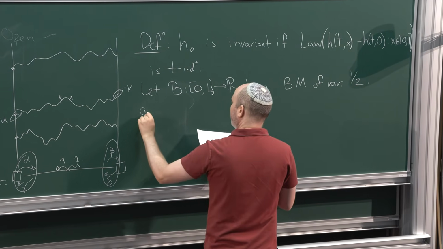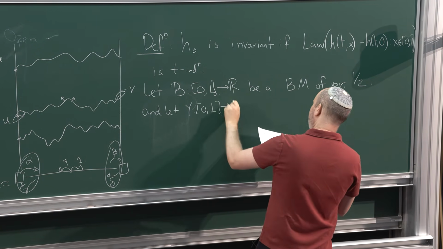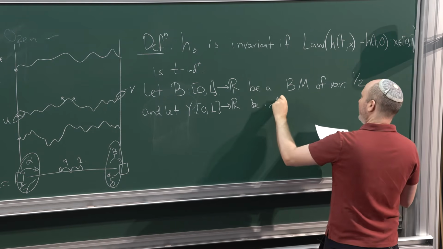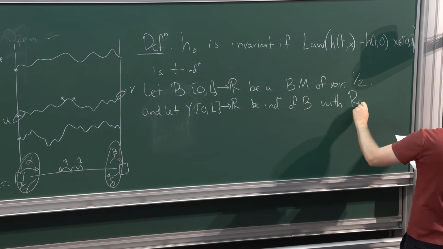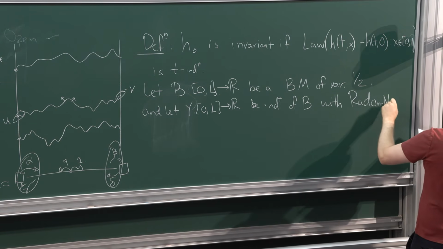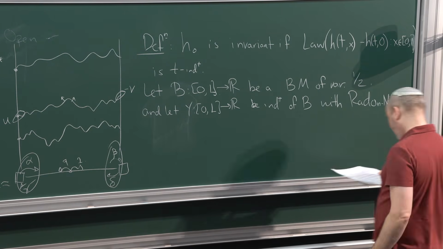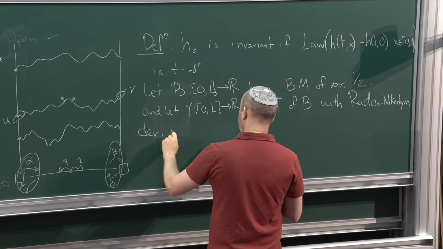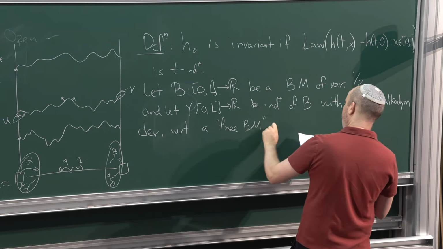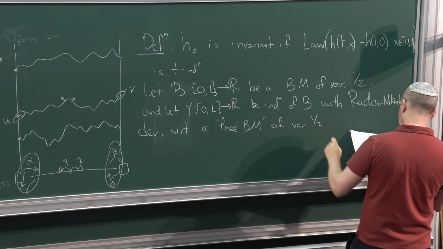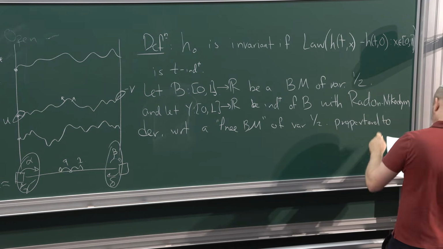So it's just some scaling of the diffusion coefficient. Okay, and let Y, also from 0 to L to R, be independent of that Brownian motion, with Radon-Nikodym derivative with respect to a free Brownian motion of variance 1/2 proportional to the following.